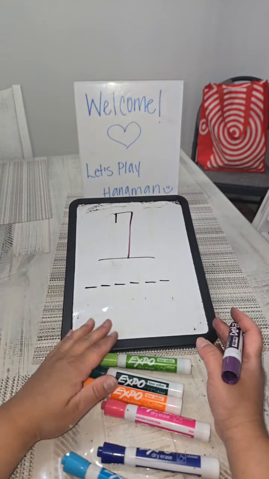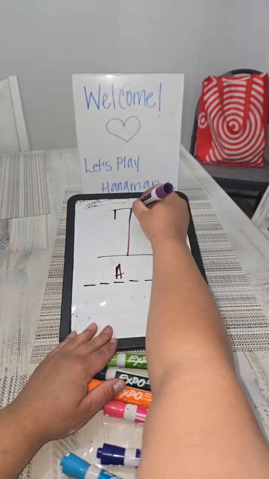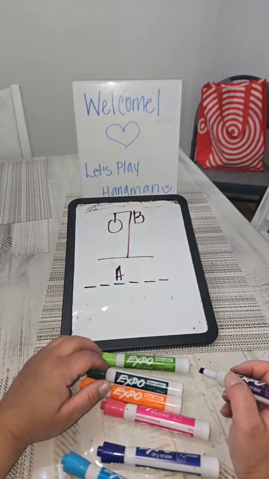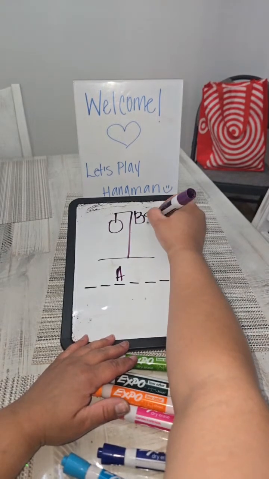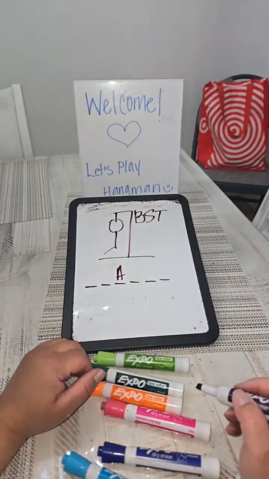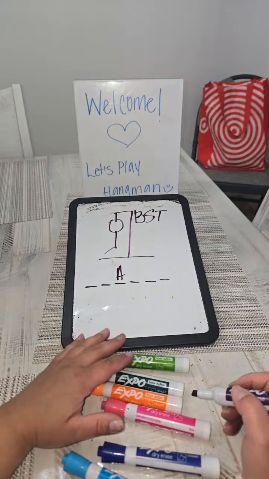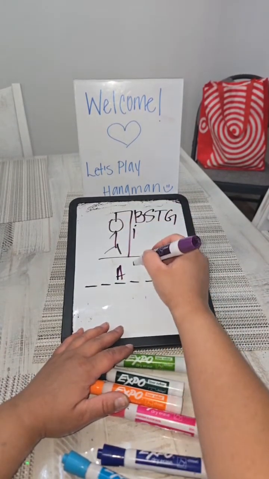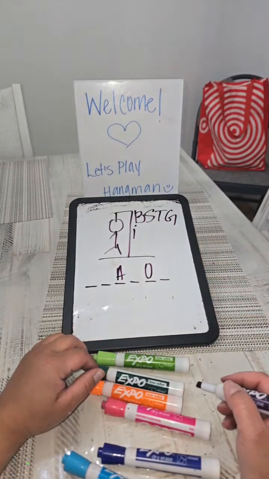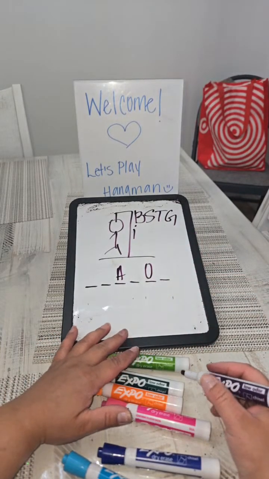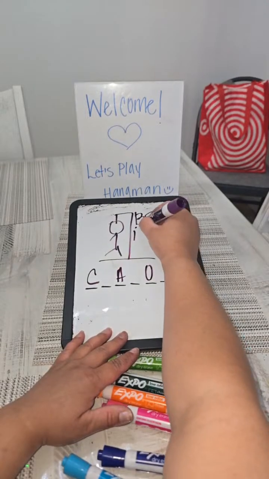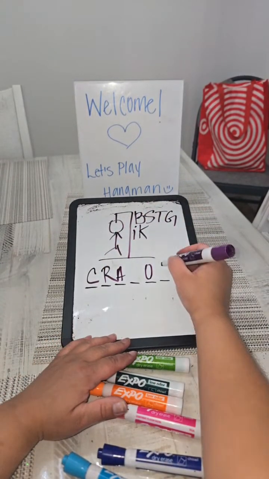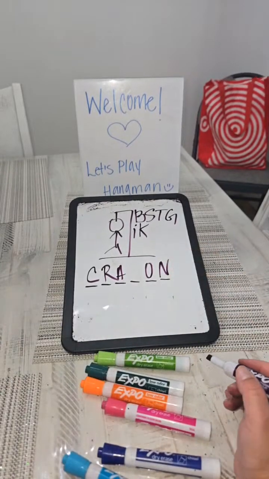A, B. There's one A, but there's no B. S, T. There is no S and there is no T. G, I, O. CKR, N. All right. Who thinks they know what the word is?